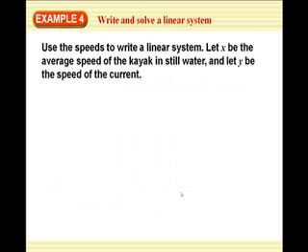Let y be the speed of the current. Upstream, the current is against him, so x minus y equals 4 miles per hour upstream. Downstream, it's helping him, so x plus y equals 6, because it's helping him go downstream.